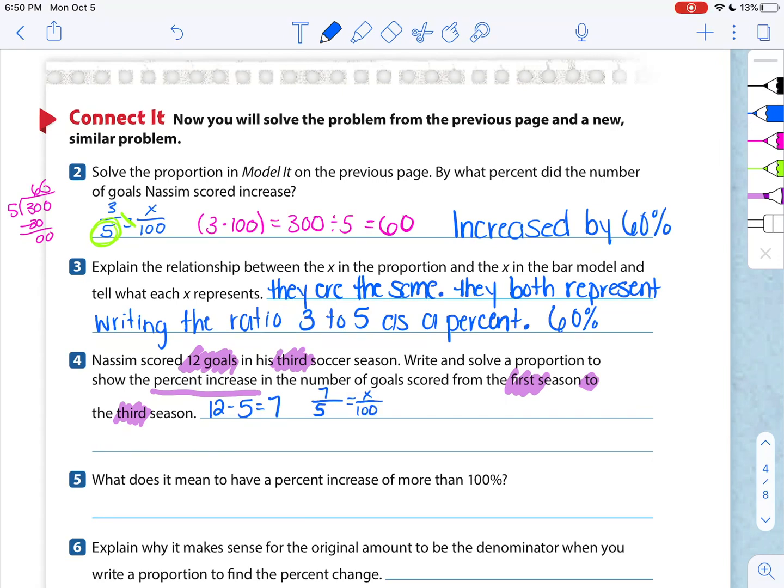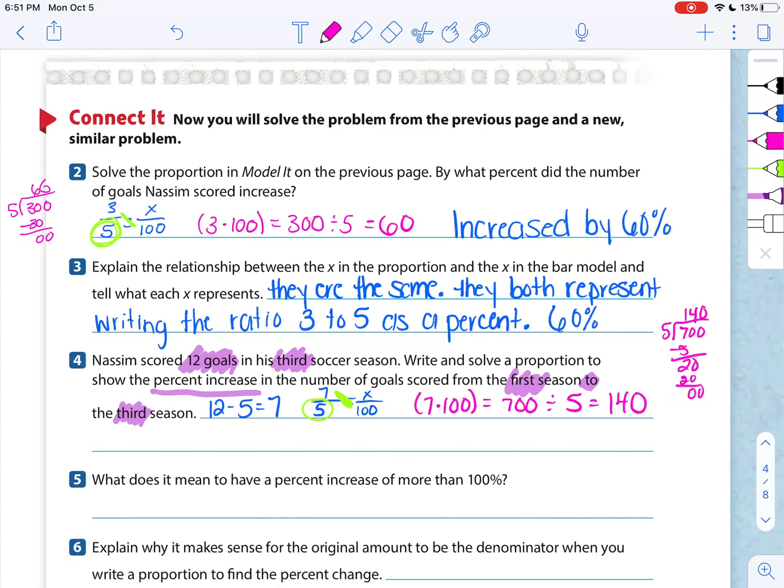Now that proportion is set up correctly, I can cross multiply 7 times 100 and divide by 5. 7 times 100 equals 700. 700 divided by 5. If you need to go to the side of your paper, you can. Is 140.